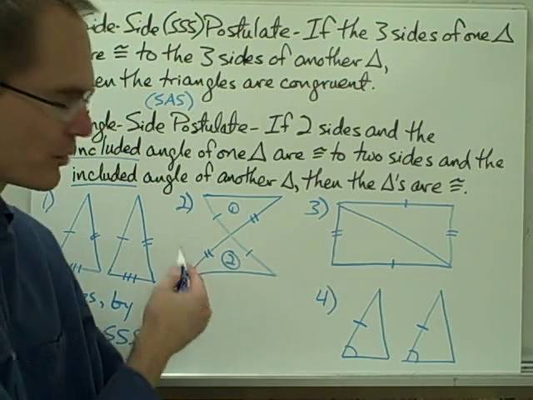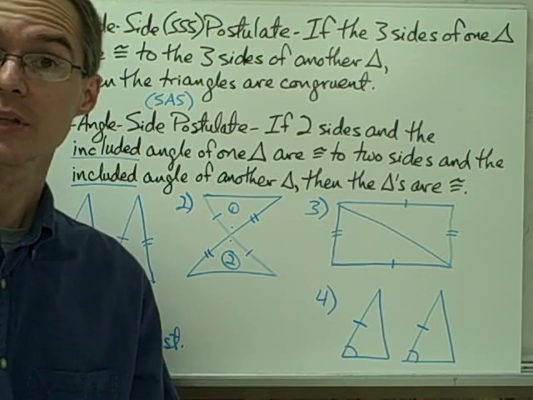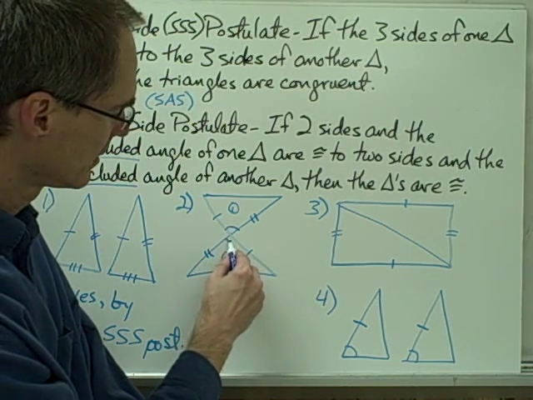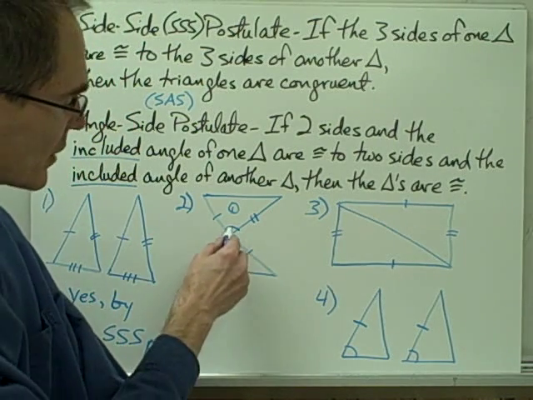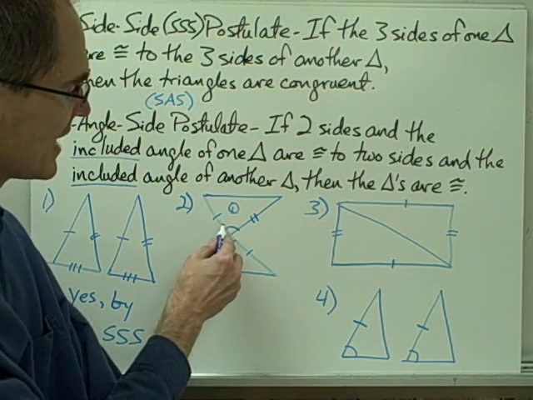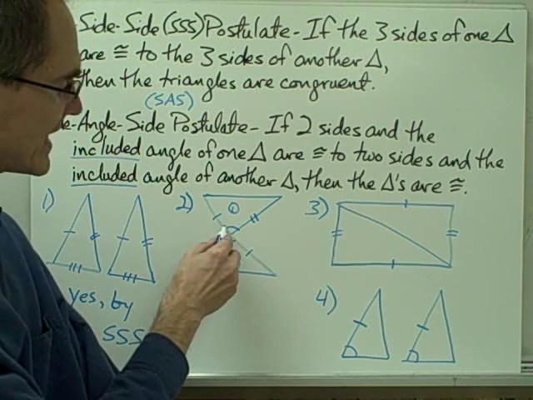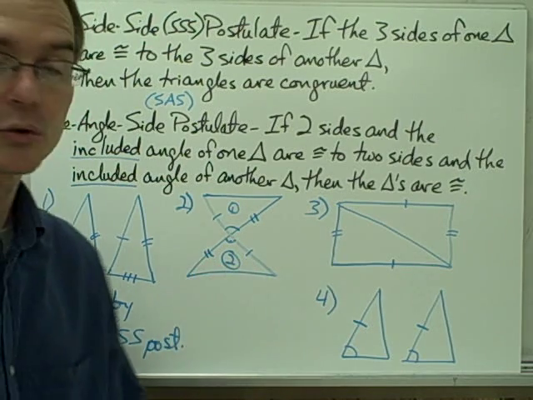However, since I have two intersecting lines, I know that these two angles here are vertical angles, and I can use what I know about vertical angles, which is that vertical angles are congruent. I know that from the vertical angles postulate. So I do in fact have two congruent angles here between these two triangles, and notice that the angle that's congruent between these two triangles is included between the two congruent sides.